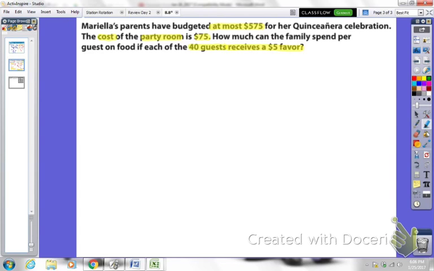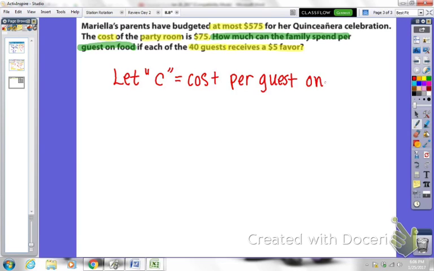So my unknown in the problem is how much the family can spend per guest on food. So that's going to be my unknown variable. Let C equal the cost per guest on food.